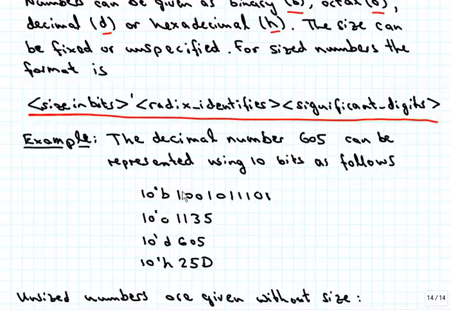Then we could specify it as 10 apostrophe, the little o here, 1135. If we parse this number here, 3 here, 3 here, 3 here, and then this one here padded is 1, we get the 5, a 3, a 1, and another 1, so that's the 1135. That's the octal representation. The decimal representation, 10'd605, and the hexadecimal representation, so we would now group this in groups of 4 bits, like this, and pad with zeros on the left.